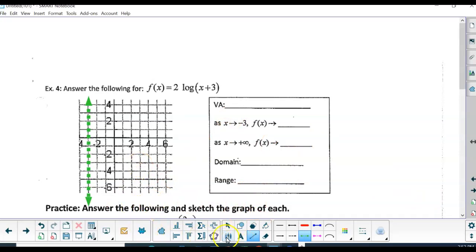Let's go ahead and write that in there. This is going to be x equal to negative 3. Then let's talk about what our behavior is here. Usually we go through at 1, but we've got a shift of 3. So 1, 2, 3. That's going to put our graph right there.